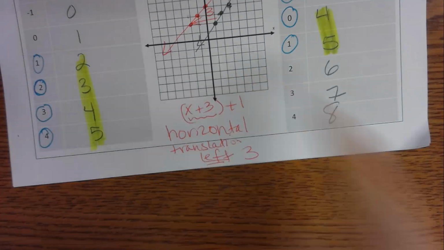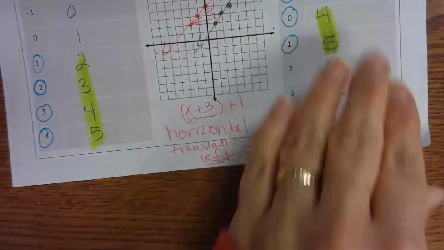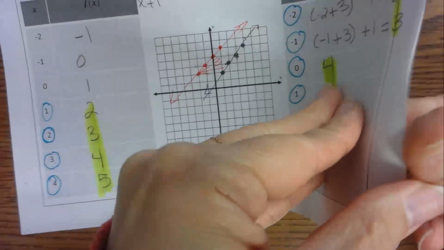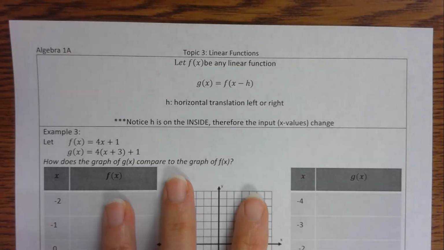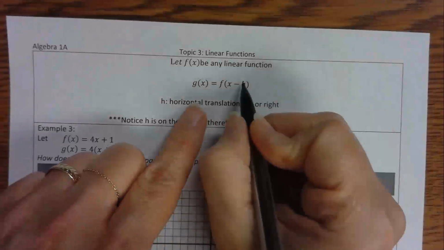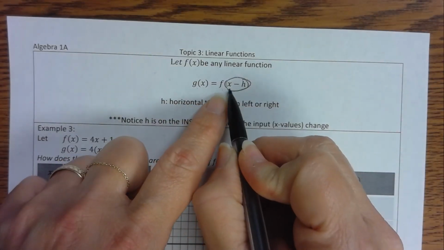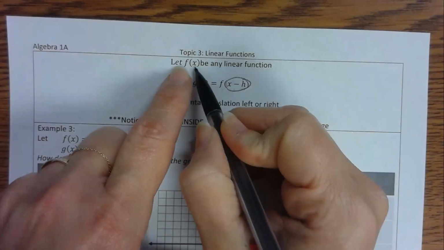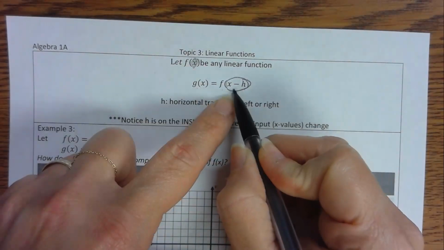All right, so now the summary. So let's fill in the very last page. So the rule is, for any linear function, if the input changes, so if you have g of x is f of x minus h, that's changing the input, the inside here, to x minus h.